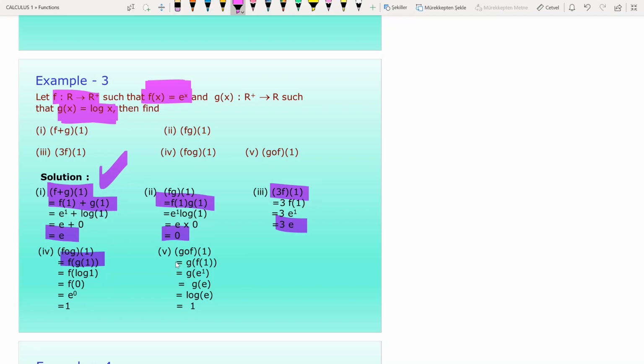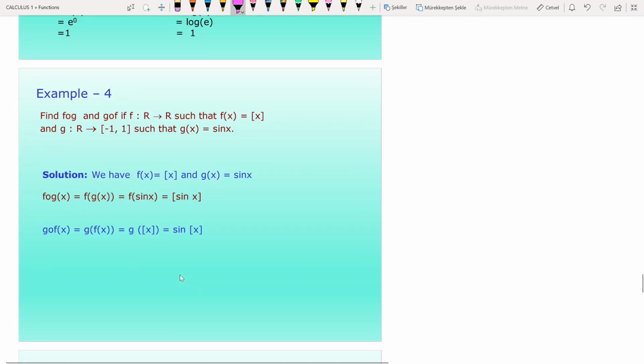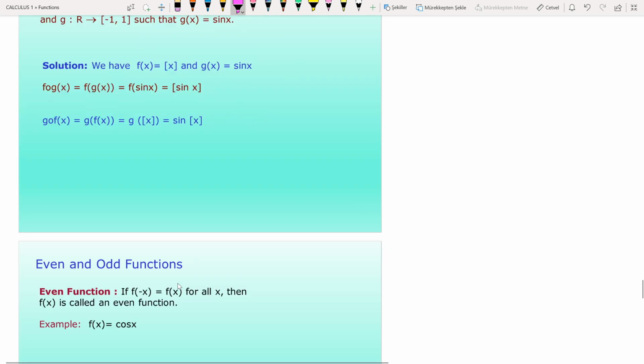Since logarithm 1 is 0, you have e to the power 0, which is 1. Okay, you can easily solve the next question using the same idea. I think this example is also easy.